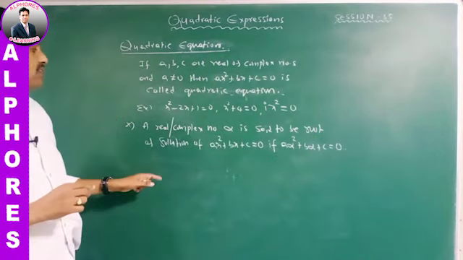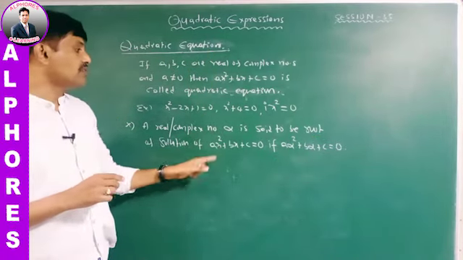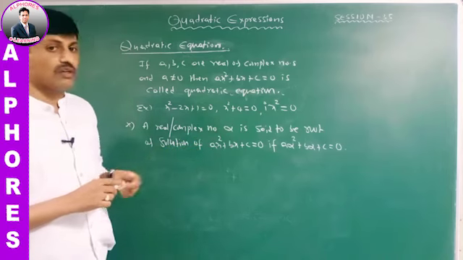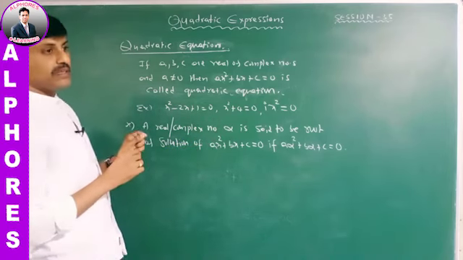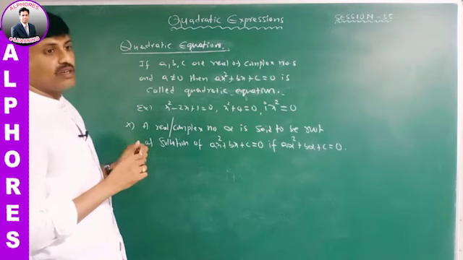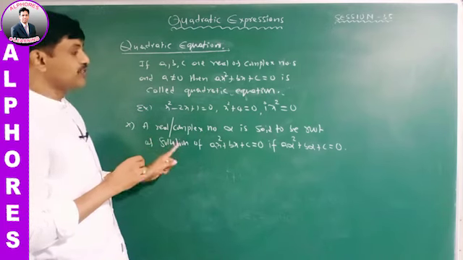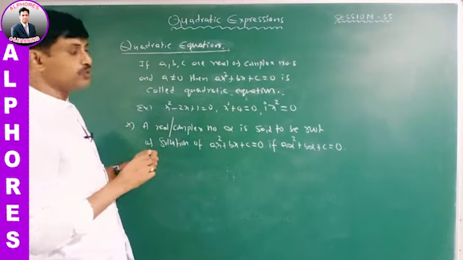In this case alpha is a root or solution of this quadratic equation. The set of elements representing the roots of a quadratic equation is called its solution.